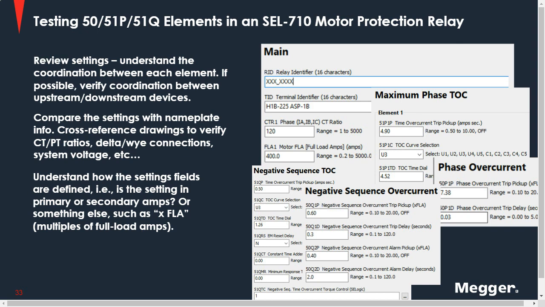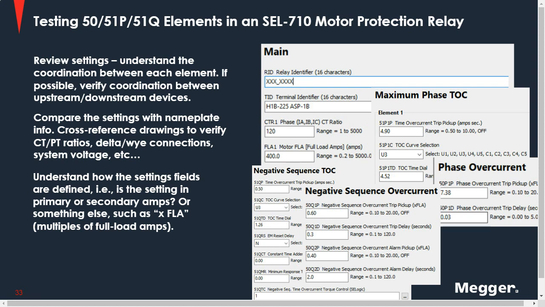It's very easy for a technician to look at this setting and say, okay, I'm going to expect a pickup at right around 7.3, 7.4 amps. However, that's not the case. This is actually a multiple of the full load amps.